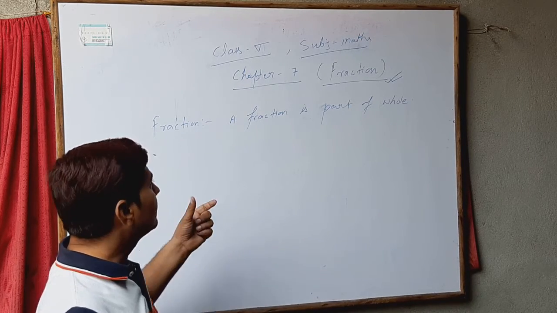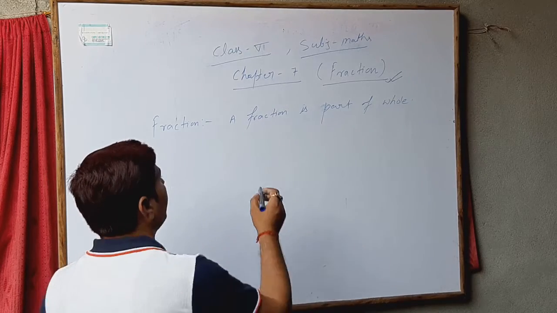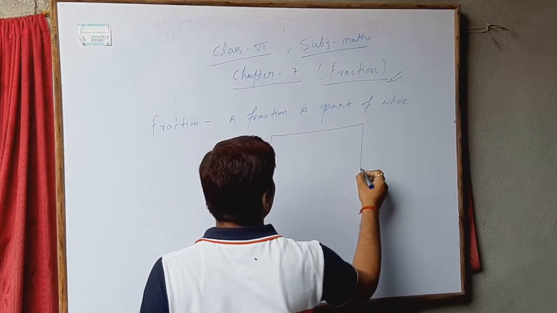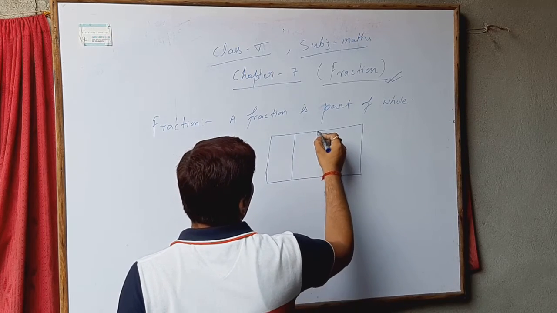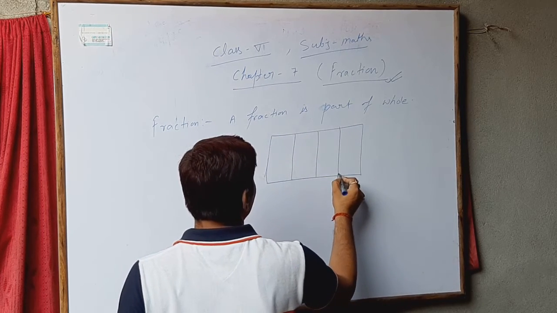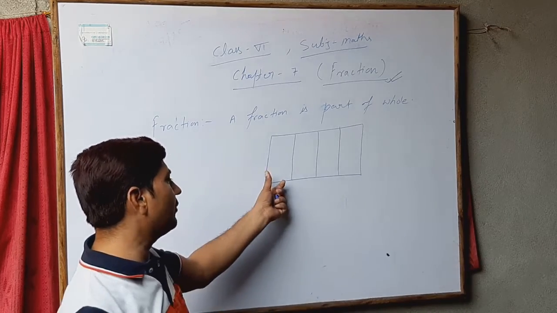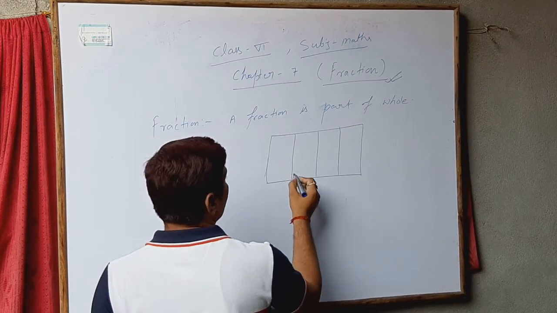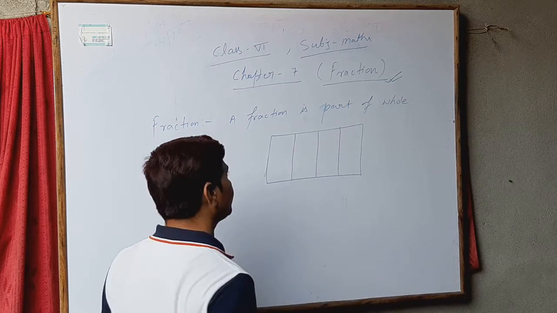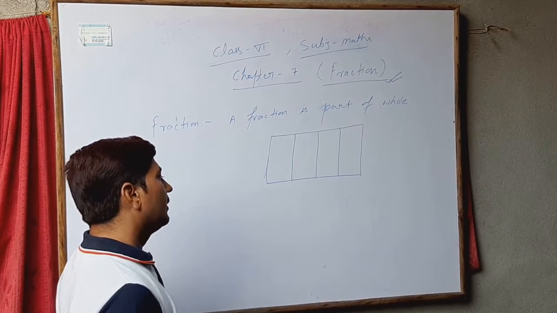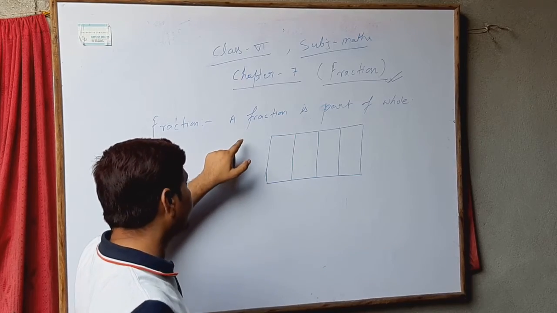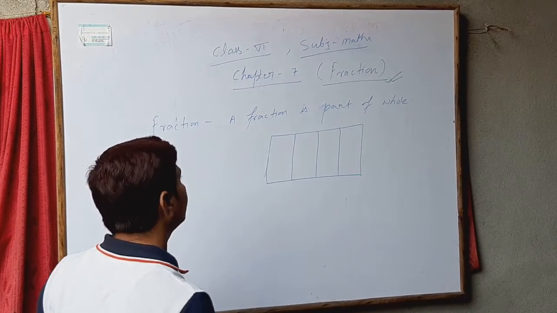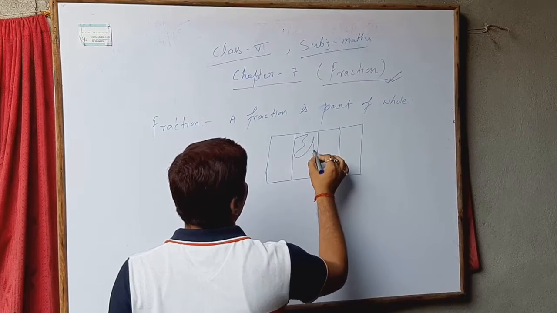Now everyone just state clearly. Suppose that this is your box. How many parts have you divided it into? This is the 4 parts. Now 1, 2, 3, 4. If we discuss the fraction, suppose that you have taken one part.